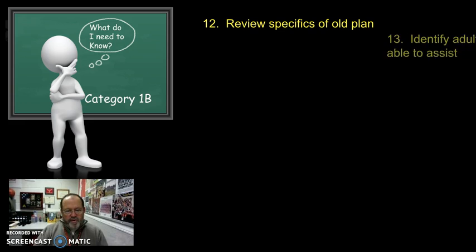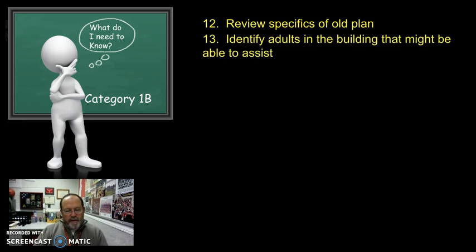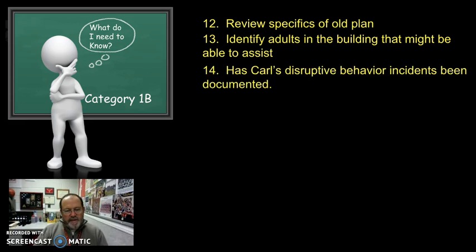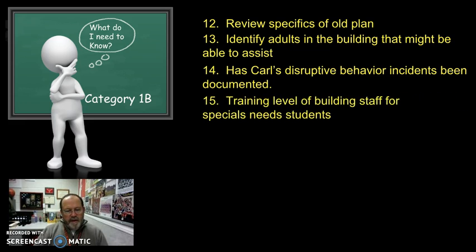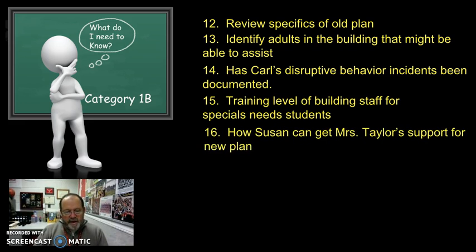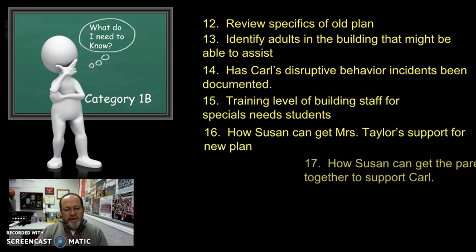What I need to know, category 1B, is I need to review the specifics of the old plan to make sure I understand what had been done before. Identify adults in the building that might be able to assist with Carl. Ask Mrs. Taylor and other teachers if his disruptive behavior has been documented. Check on the training level, the professional development that's been given around IEPs and special education.